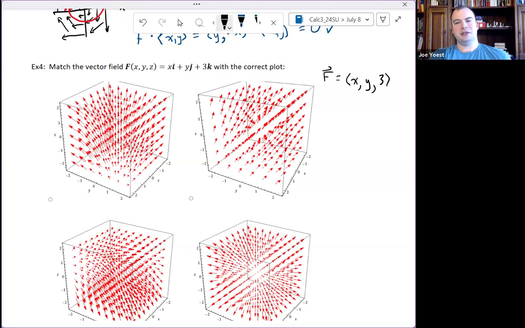The first thing I note about this vector field is whatever point x, y, z I'm interested in, the z component is always positive 3. The vectors are always pointing up no matter where I pick my anchor point to be.